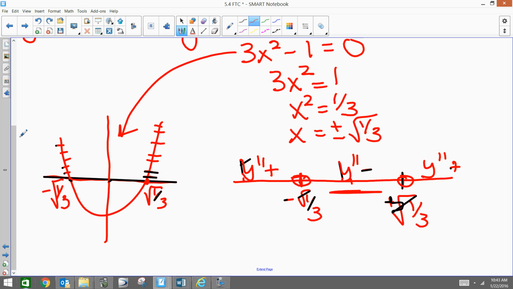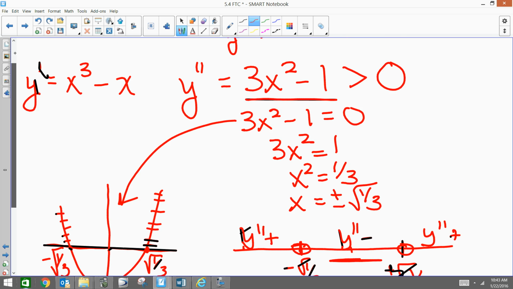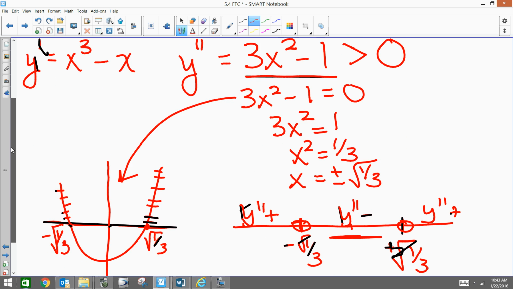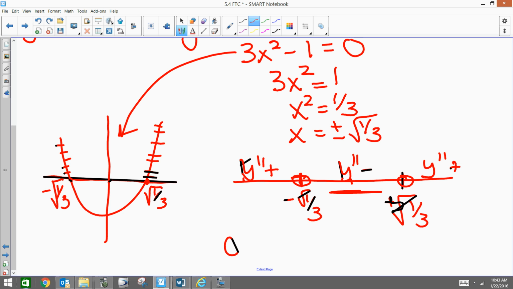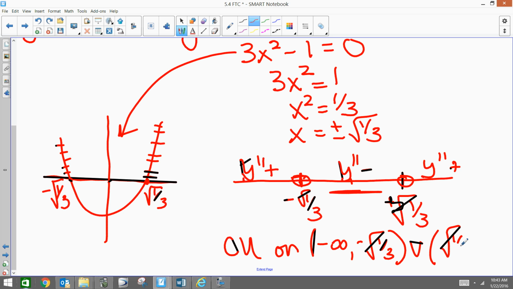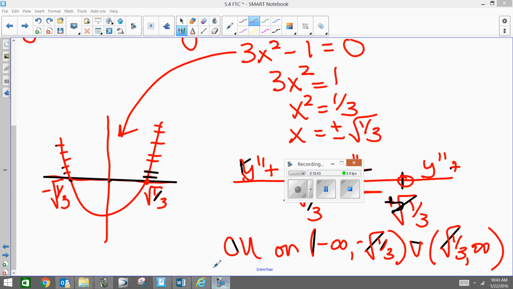So I'm looking for concave up, so I'm looking for positives. Concave up on negative infinity to negative radical 1/3, and again positive radical 1/3 to infinity. Okay, so that should be good. You should be good to go.